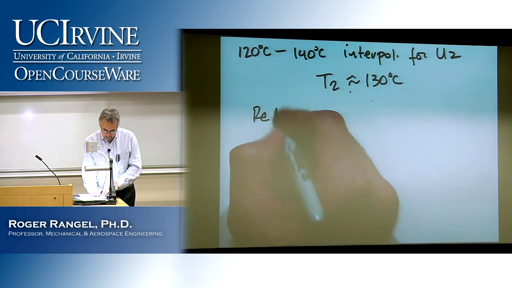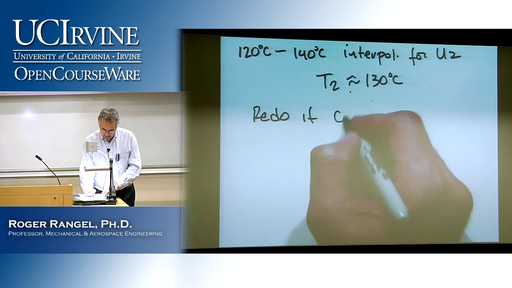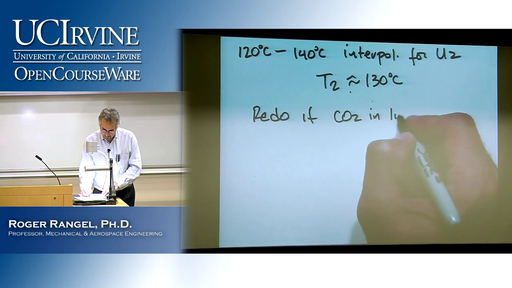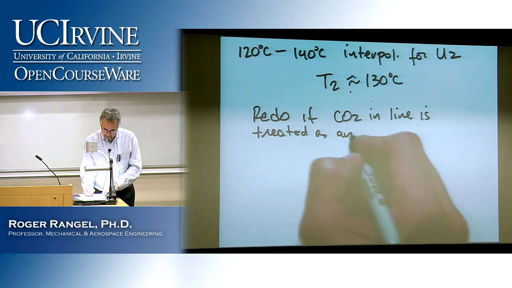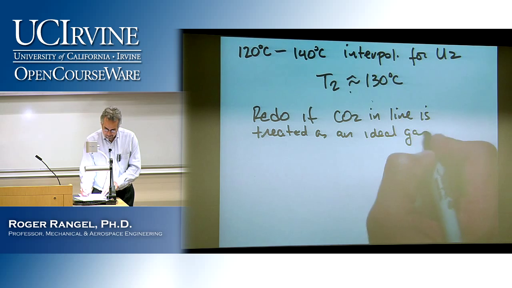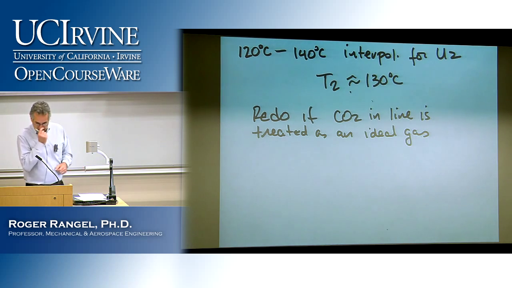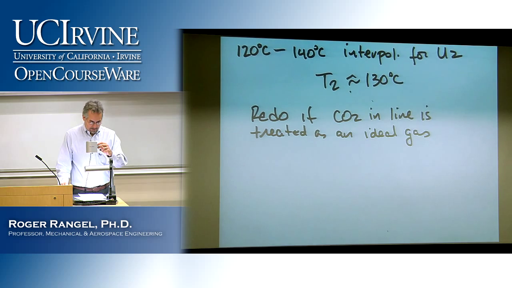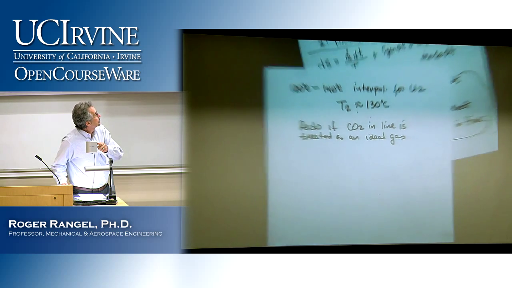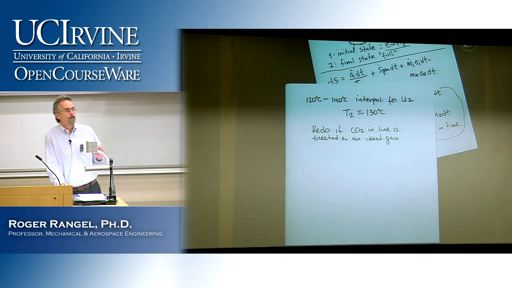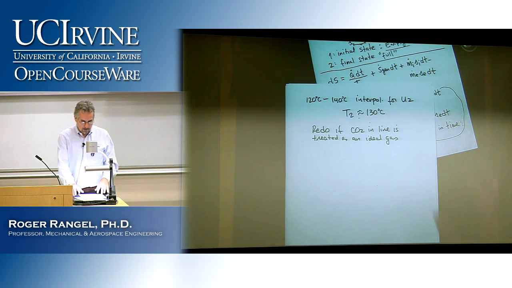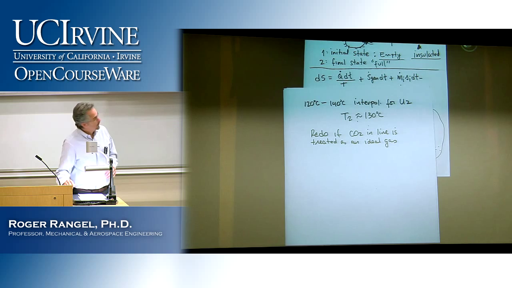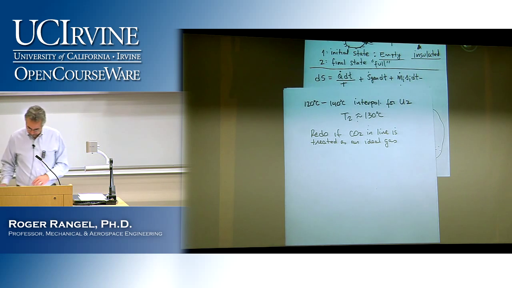So redo it if CO2 in line is treated as an ideal gas. You'll get probably a very similar number. You will only run into problems if some of the CO2 is liquid, so then you have a mixture, and then of course it wouldn't make sense, if you have a mixture of liquid and vapor, to assume that it is an ideal gas.